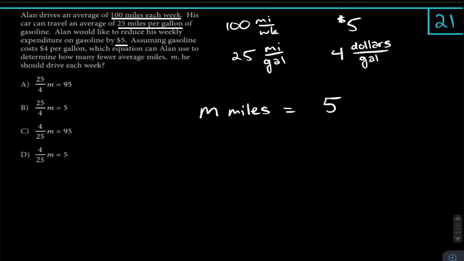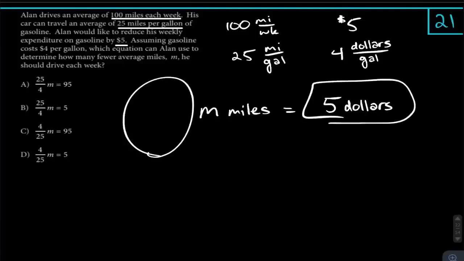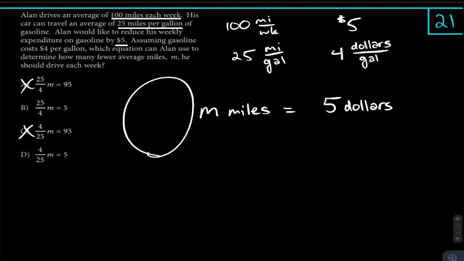That's what we can already tell right from this problem, right? We want something with M miles to save us a total of $5, right? And that right there already cancels out A and C, right? Because they equal 95 for some reason, okay?